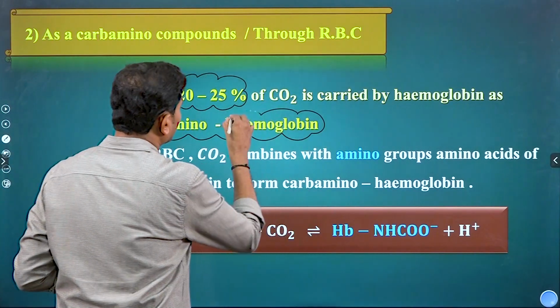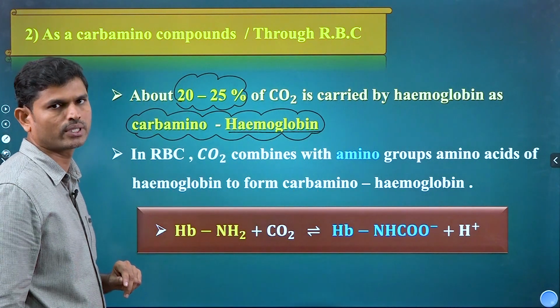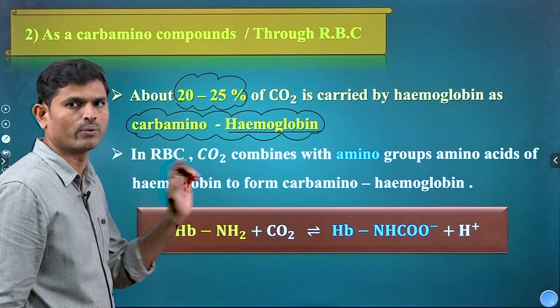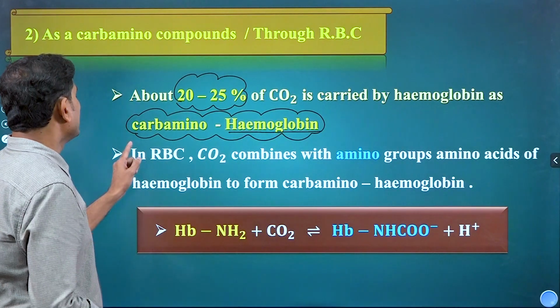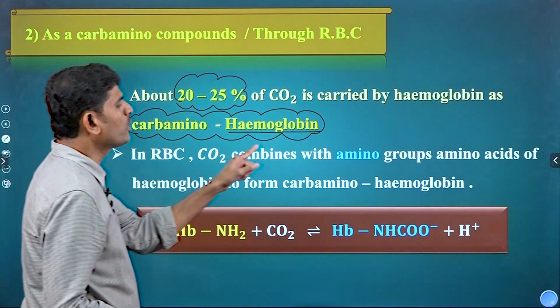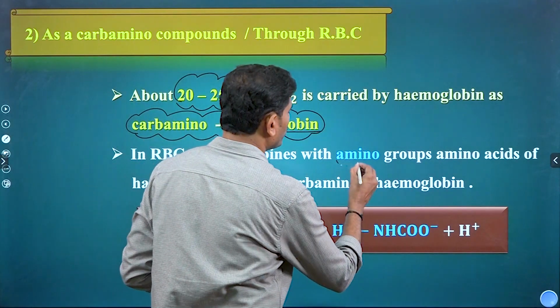Be careful, beta: if it is CO2, it is carbamino hemoglobin. If it is carbon monoxide, it will be carboxyhemoglobin. Now the second point they mention is that in RBC, CO2 combines with the amino group, as mentioned previously.